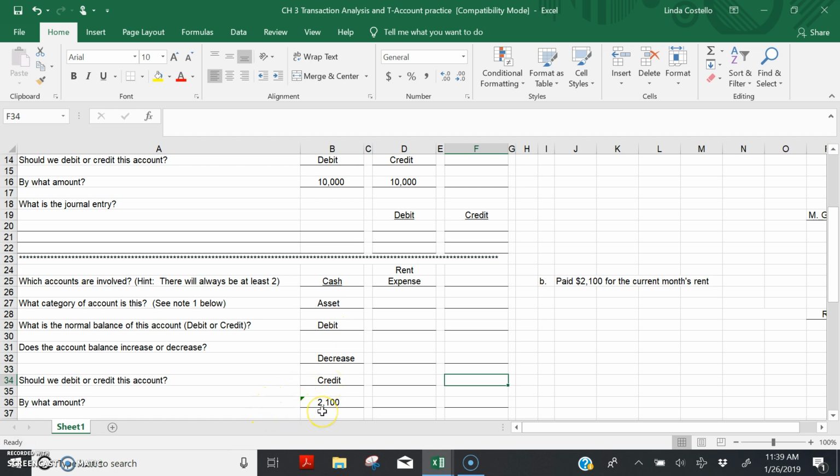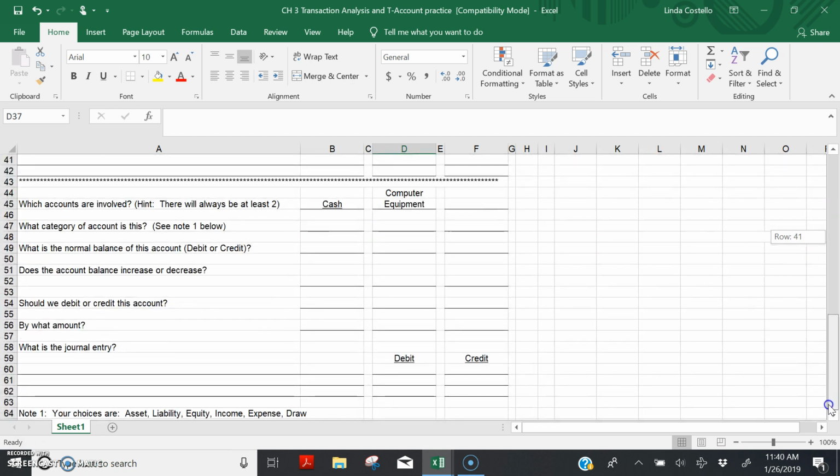By how much? $2,100. Let's do the rent expense column next. What category of account is rent expense? Well, the word expense is a big clue. Of your choices, rent expense is an expense account.